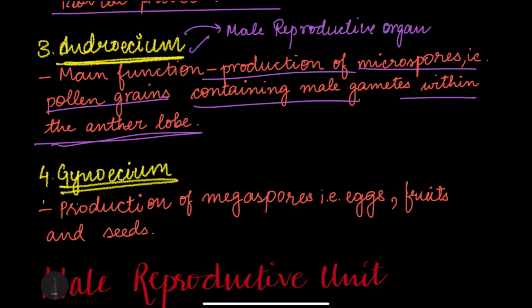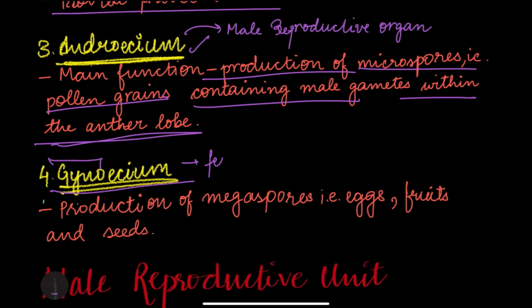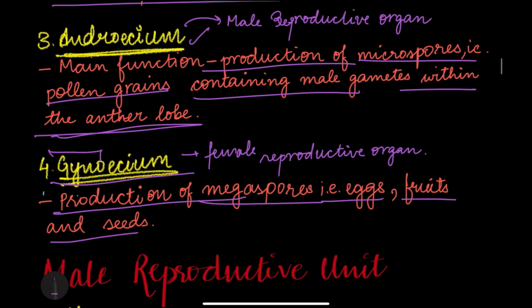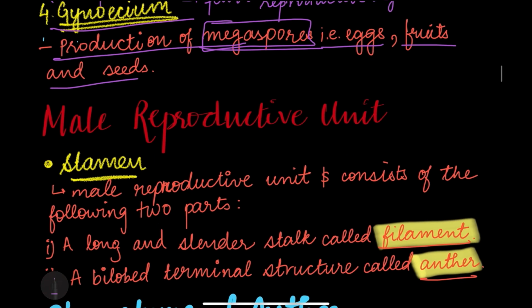And gynoecium, gyno means female, so it is the female reproductive organ. Its main function is the production of megaspores, that is eggs, fruits, and seeds. Remember, megaspores are in the females and microspores are in the males. You might get confused, but you need to remember this. It is a main thing.